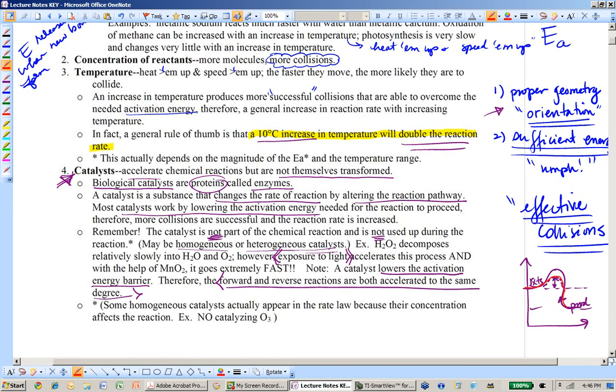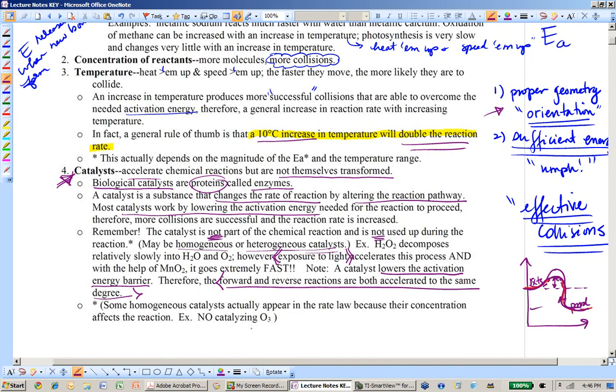That's the forward reaction that you're used to. And it works this way in the reverse reaction as well. But I still go to the dotted line, so that's what I mean by it's an equal opportunity catalyst. So to the same degree means I don't go all the way to the top on the reverse reaction.